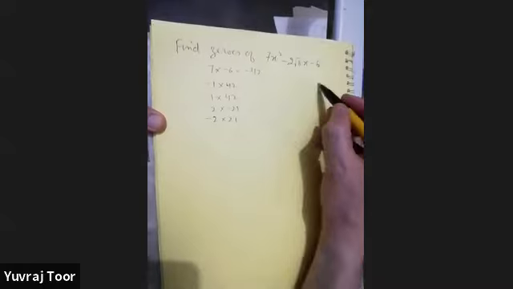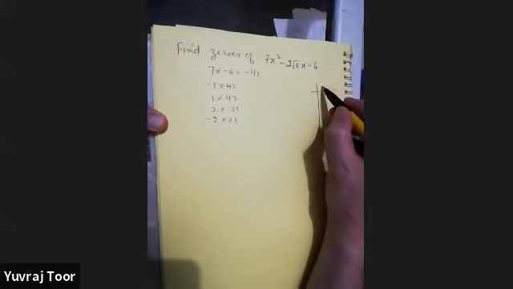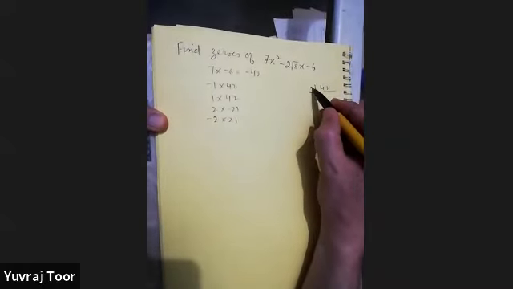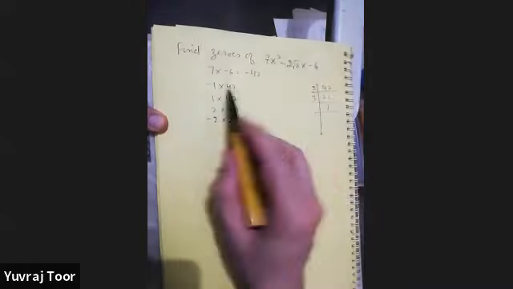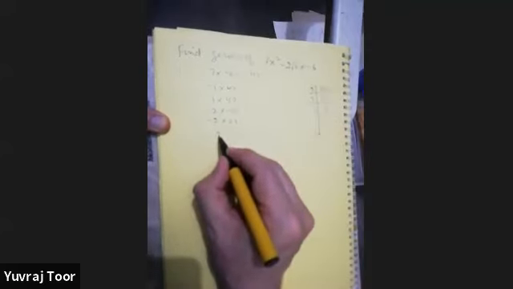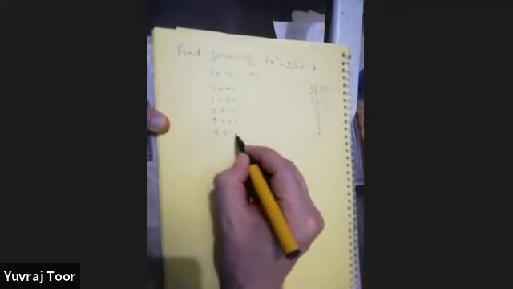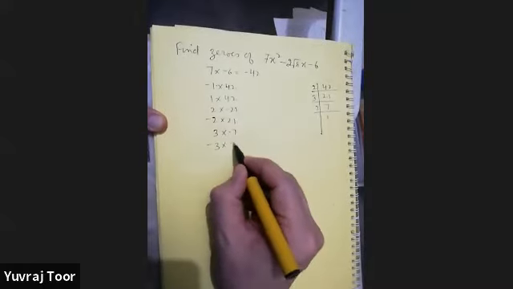Then it's always good to factorize here. So we have done with 1. Now is it possible with 3? Yes. 3 into minus 7, minus 3 into 7.